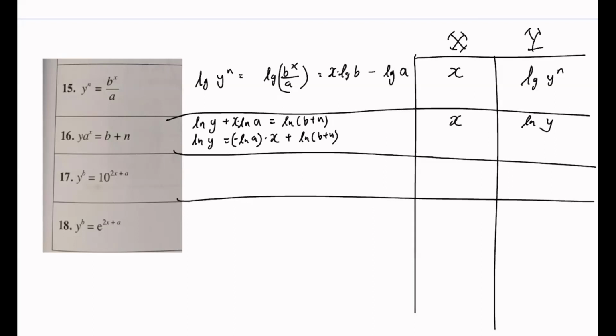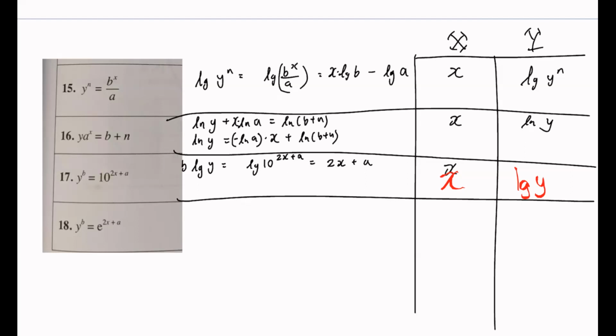Let's just finish up the last two. So what should you do? Here you've got base 10, so instead of taking ln, maybe you should take lg this time. So lg y power b, b can bring down, you get b times lg y equals lg base 10 of 10 power 2x plus a. They will cancel each other off, you become 2x plus a.